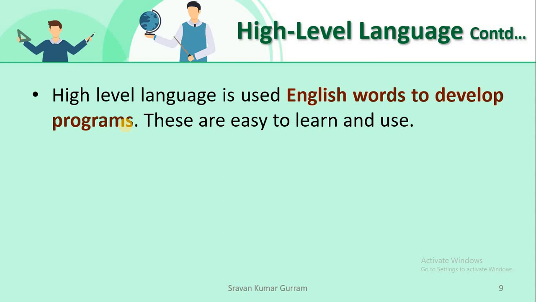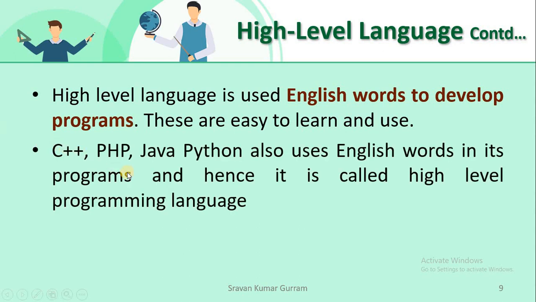So developing applications using high level languages is very easy because humans can understand English words rather than combinations of zeros and ones. Python is also one example of a high level language. C++, PHP, Java, Python, all these belong to high level languages because we are using English words to develop these programs.